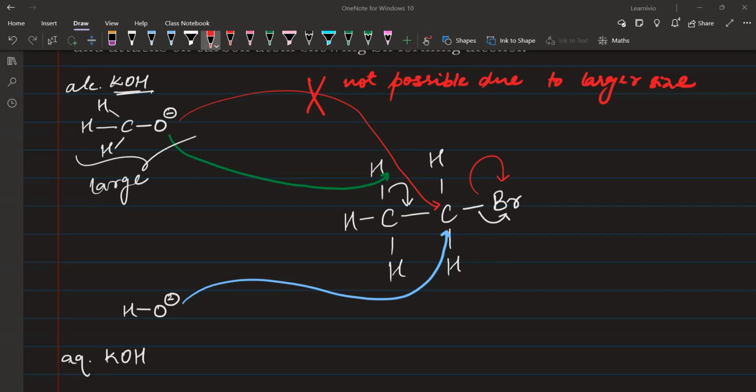Done, sir. Harsha, done? Can the aqueous KOH not react with the first carbon, meaning the beta carbon? Yes, sir.